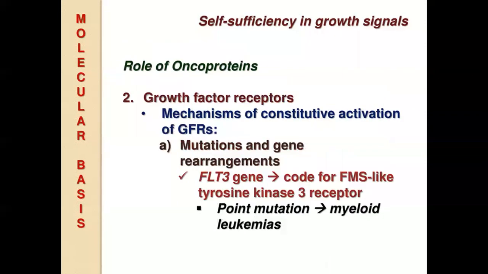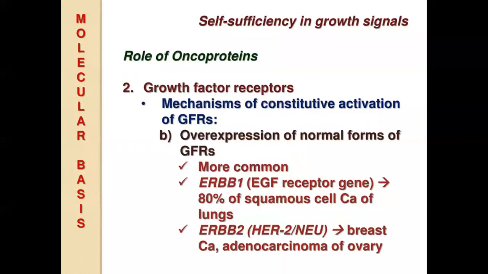Growth factor receptor: the mechanism of constitutive activation of growth factor receptors. There is a mutation and gene rearrangement, as we discussed earlier. The point mutation is seen in the myeloid leukemias. Then there is the overexpression of normal forms of growth factor receptors.